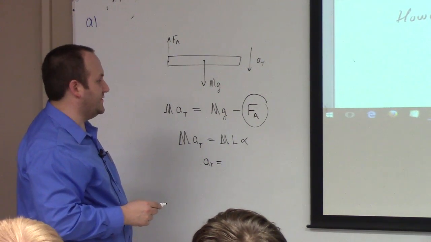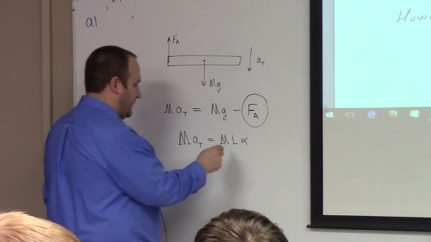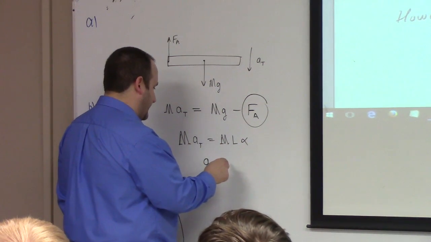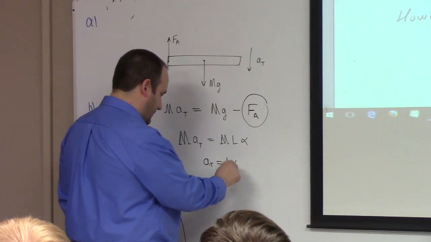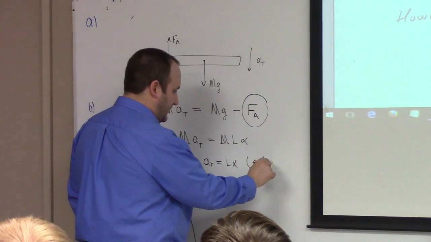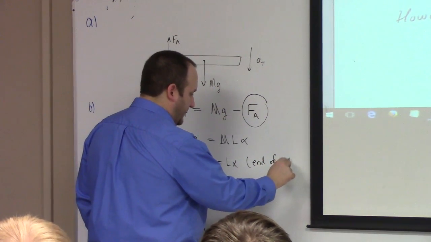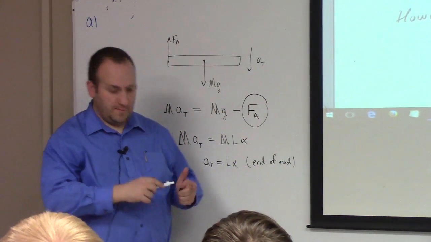That kind of matters. If I write this, this would be the tangential acceleration for what? This is the end of the rod, right? Was I specific about which point I'm interested in? I mean, look at it.